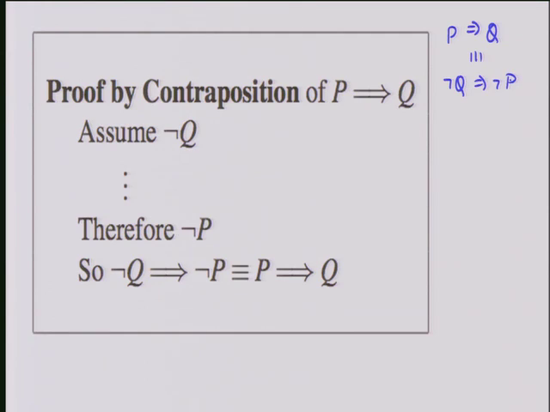Now at first sight, if you've never seen a proof by contraposition, you might think this is crazy. Because P implies Q is the same thing as not Q implies not P, how could it possibly be any simpler? But this is the strange thing about proofs. Good proofs are like magic tricks. There's an element of surprise to them.